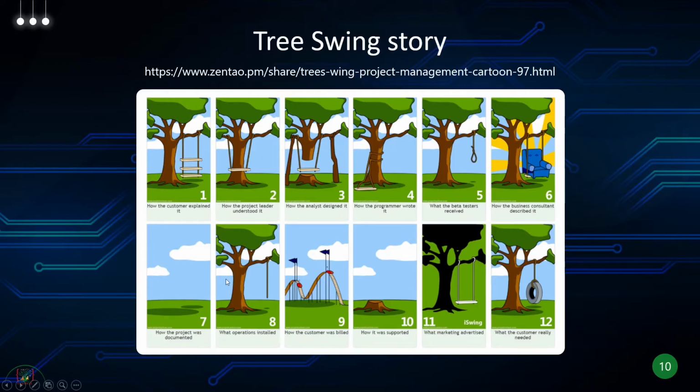And then you come to 12, and what you see is what the customer really wanted was just a tire hanging from a tree, right? But the problem with waterfall is you go through all these phases, right? 1 all the way to 12 to find out what the customer really wanted. And that could be 6 months, 12 months, a year, right?